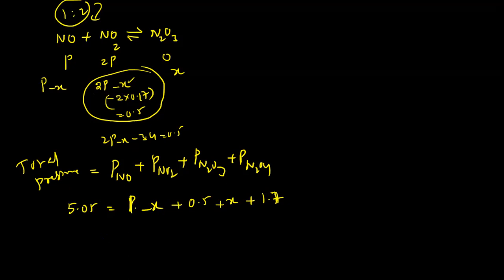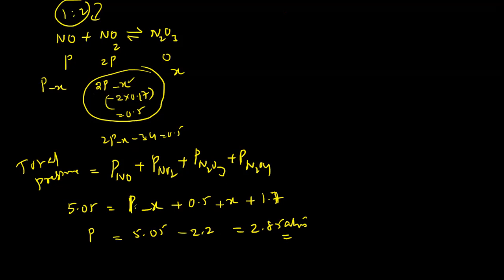We know 2P minus X minus 3.4 is 0.5. From that we can find X. Upon simplification we will get P is equal to 5.05 minus 2.2, that is 2.85 atmospheres.